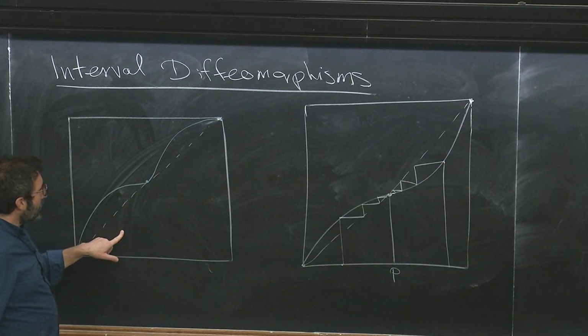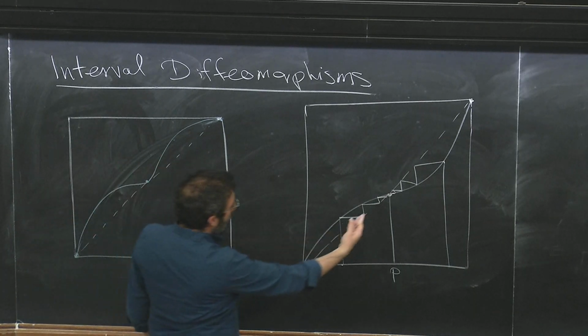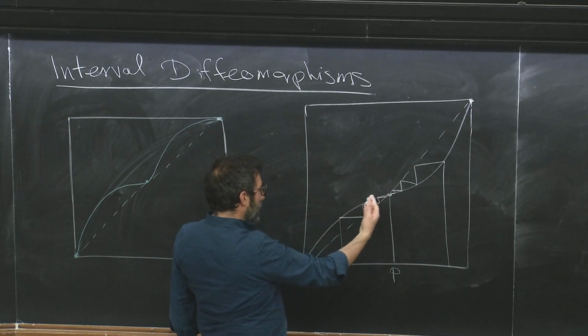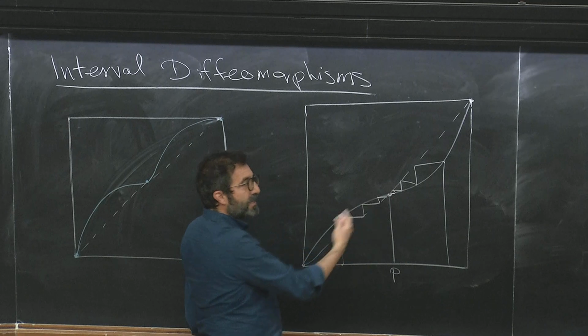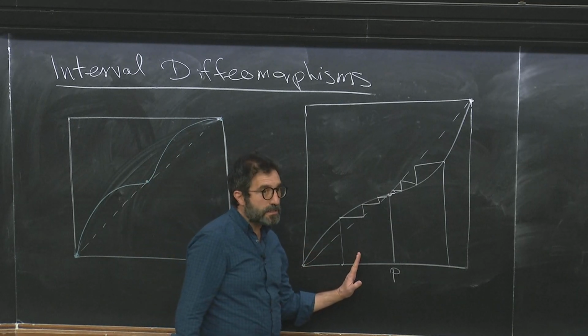And in this case, we have this interesting situation where you can kind of see what's going to happen, because the graph here is above the diagonal, right? Which means that points move to the right.